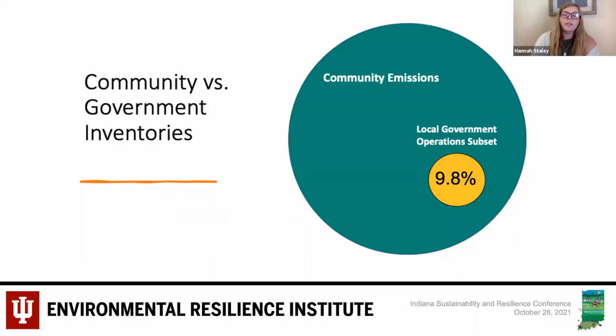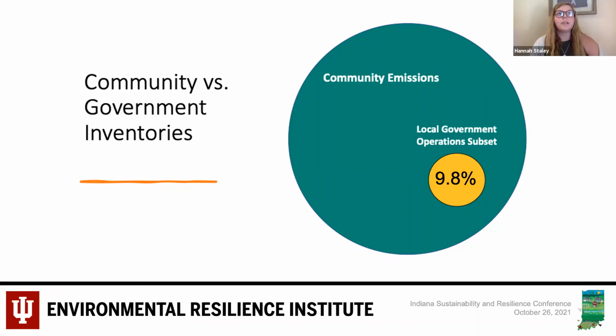So I just wanted to add this, just so you guys know, it is not required to do a local government operations inventory. This was a choice for Huntington to complete and develop.